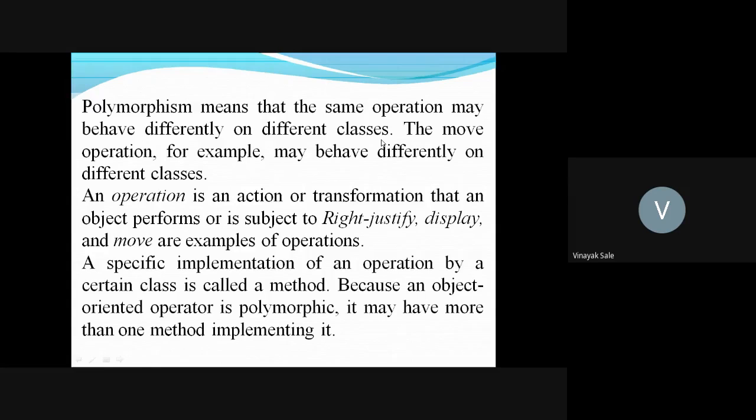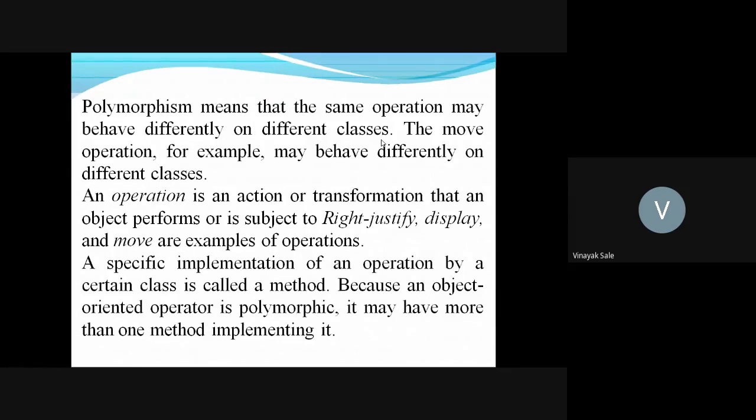Suppose a triangle: this class contains three vertices, three sides, three angles. Square includes four sides, four angles, and each angle is 90 degrees. Then rectangle: four angles of 90 degrees, and opposite sides are equal.